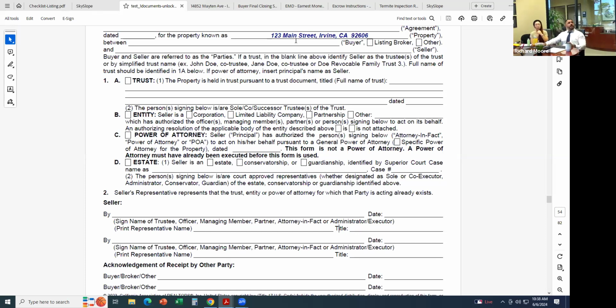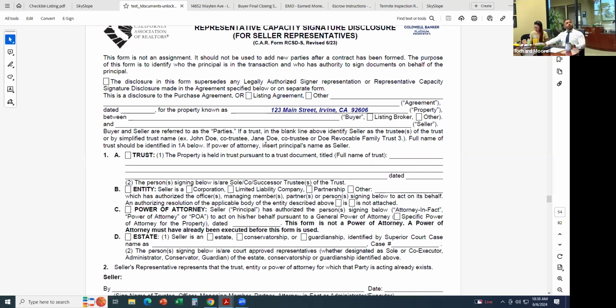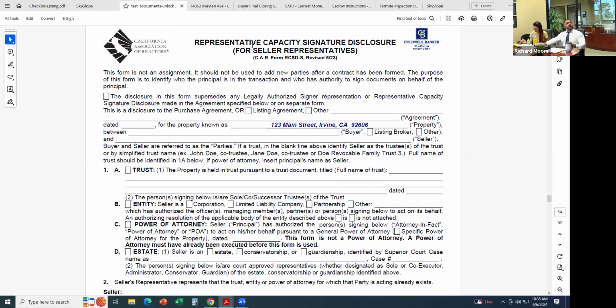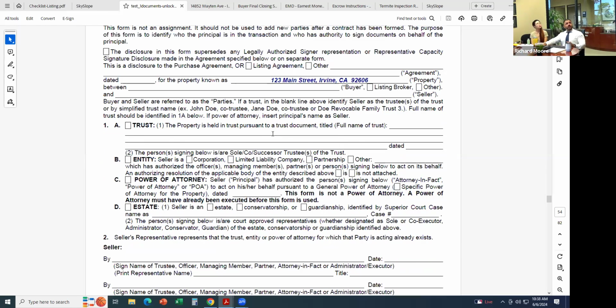So, and then if you're a buyer and you're buying your property under a trust or LLC, then there's gonna be one that says the RCSD for buyers representatives. And then you're gonna check mark the box on 1B that says entity and check mark limited liability, so maybe it's an LLC, right?